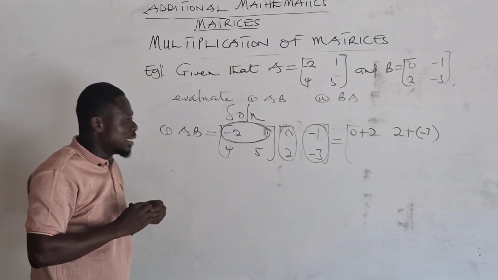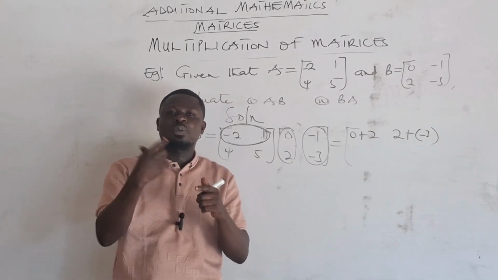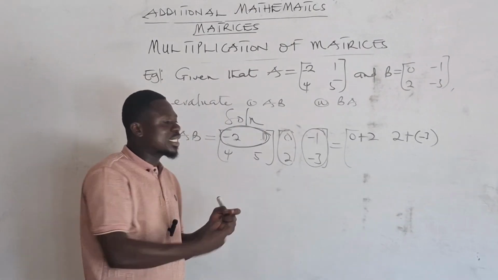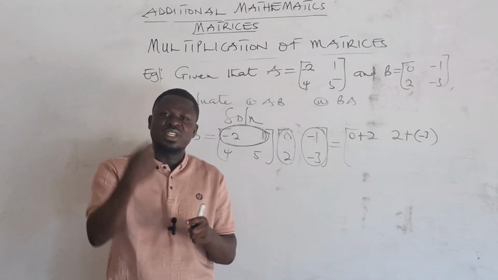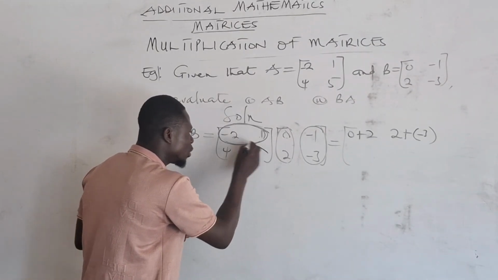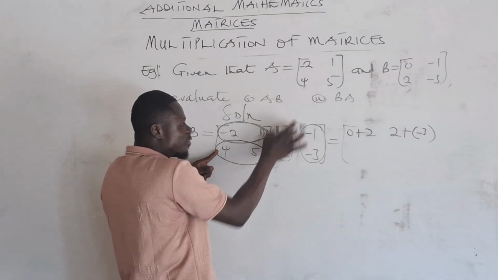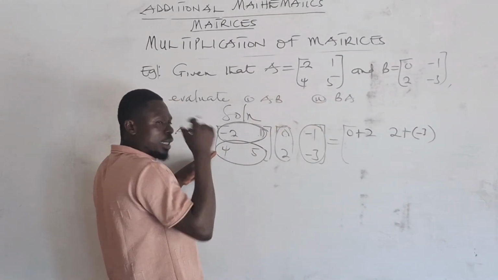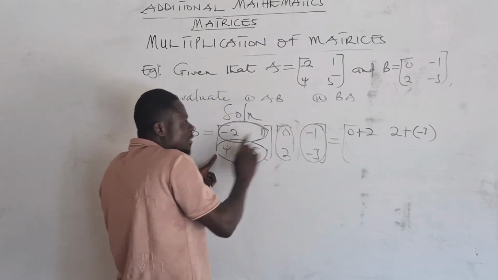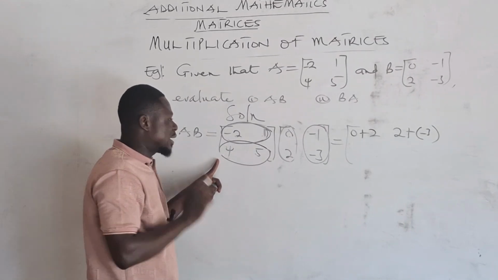So we are done with that. When you are done with the first row, you come to the down row. You multiply first by first, second by second. I hope you are following. Good.